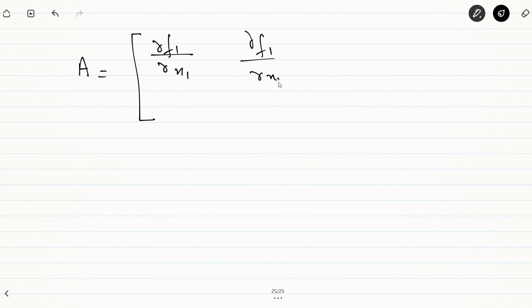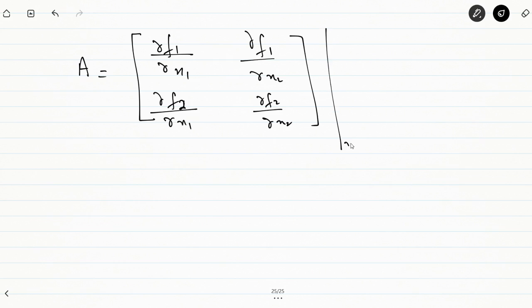So what will be the state space model of the system now? For the linear model, as I told you before, the A matrix will be nothing but delta F1 by delta x1, delta F1 divided by delta x2, delta F2 divided by delta x1, delta F2 divided by delta x2, at x0.